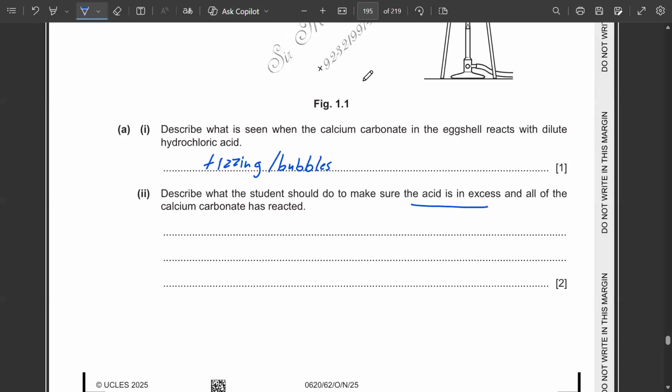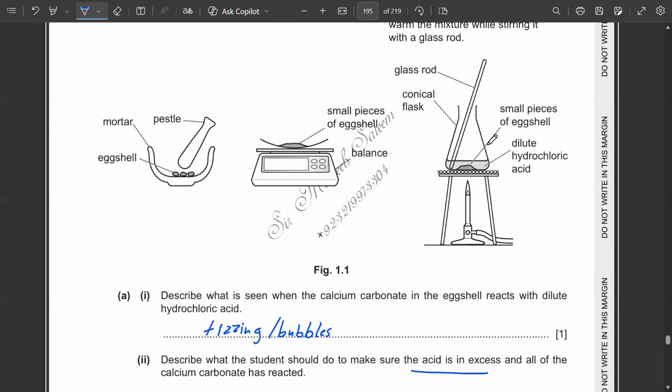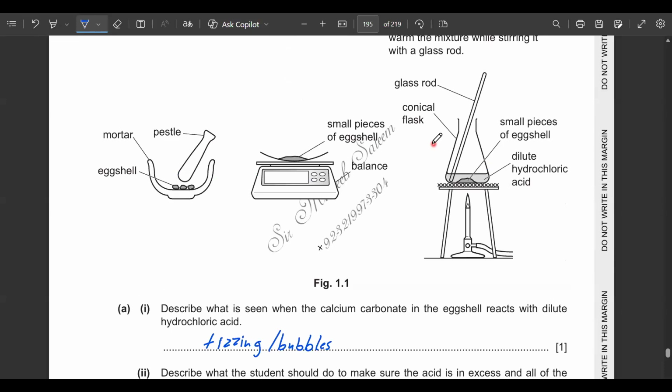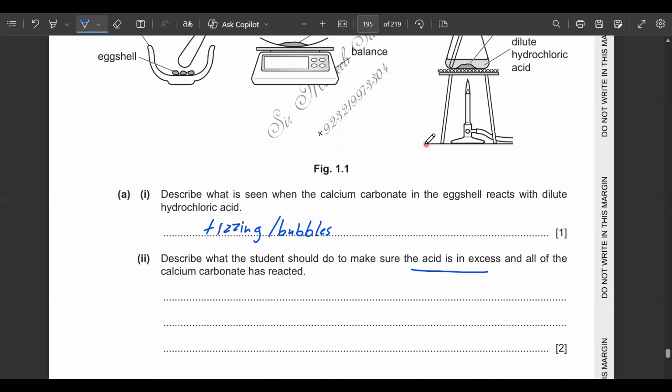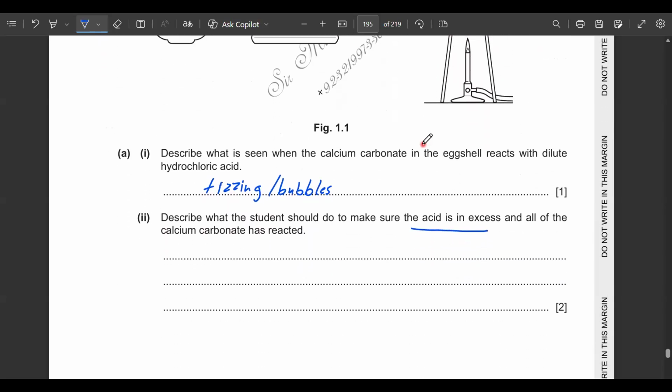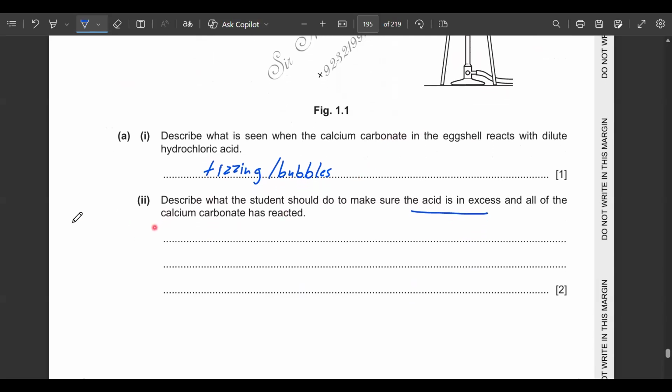You do not know how much volume of the acid you had used. Maybe it was less, but to confirm whether your results are correct, you let that reaction go further, and after a while, if you see that bubbles have stopped producing, you can add more of the acid.